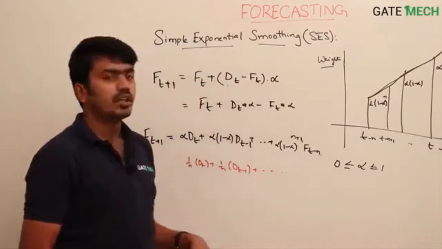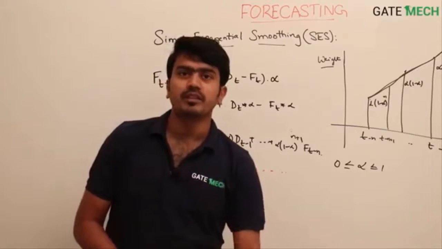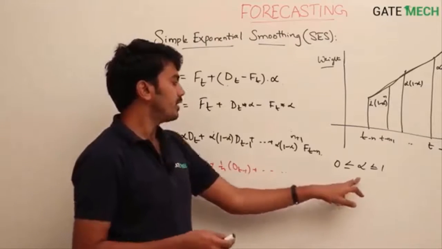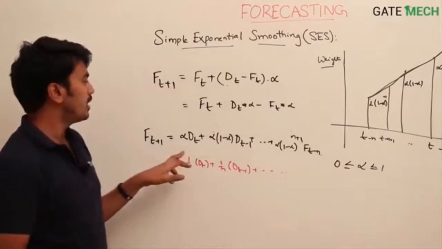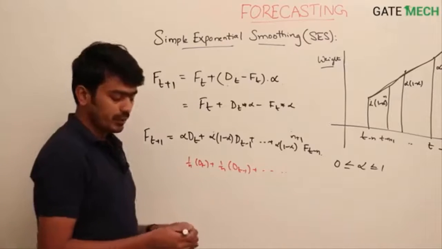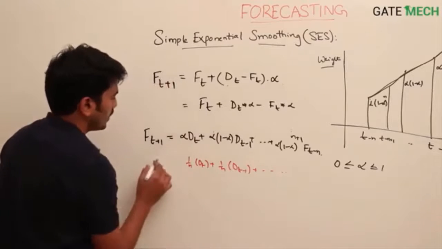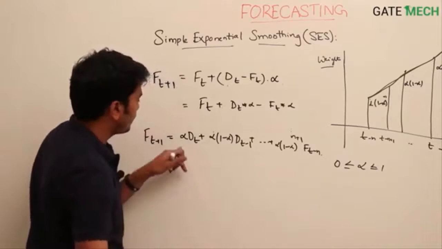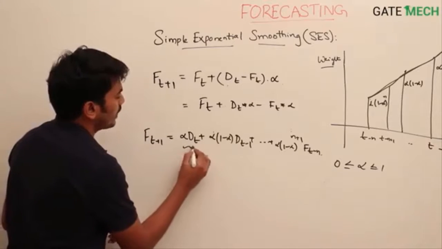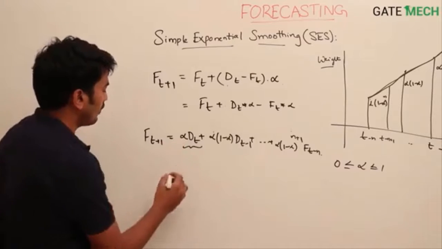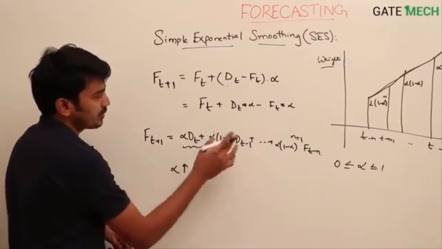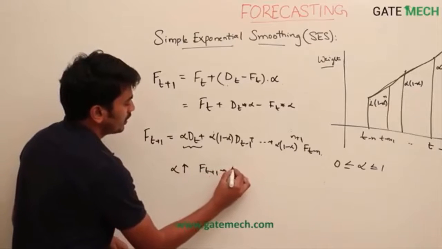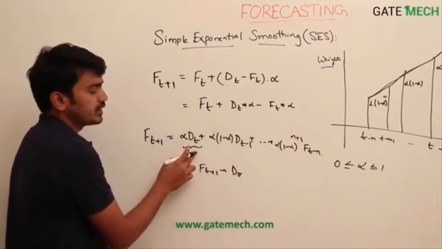Based on the data, if it is a stable demand, alpha should be low. For unstable demand, the recent demand needs to be given higher weightage. If you see, the recent demand is getting higher weightage using alpha. If alpha is close to 1, as I mentioned previously, then Ft+1 will tend to Dt, that is the recent demand.